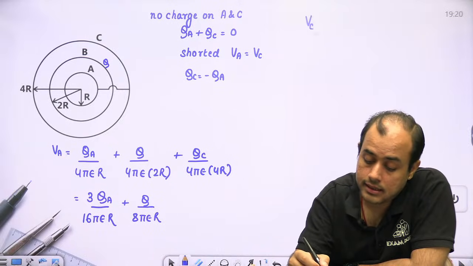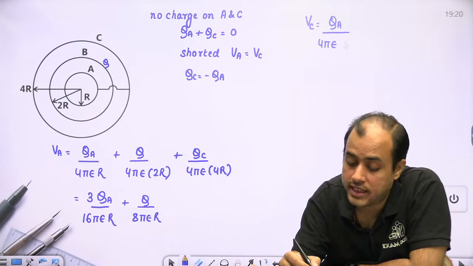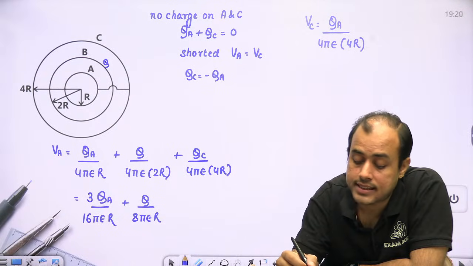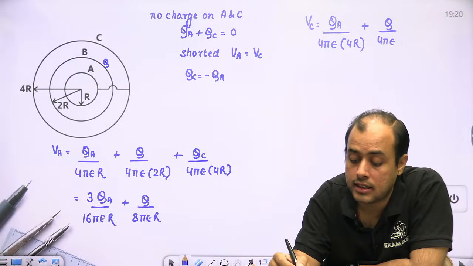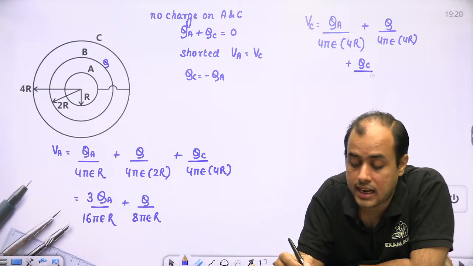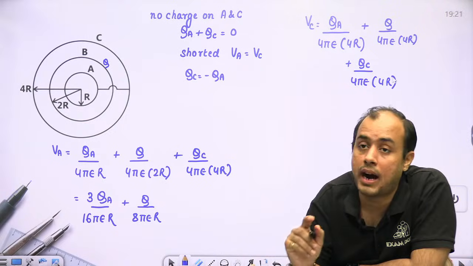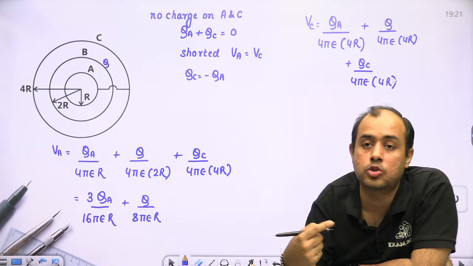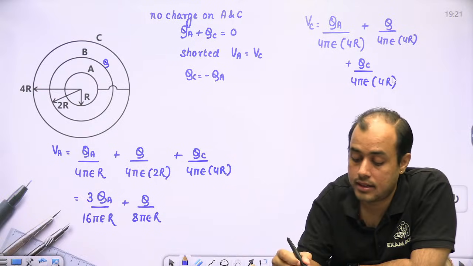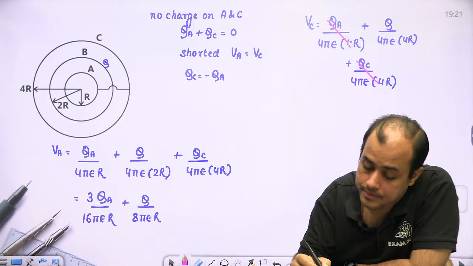For C beta, for C, all the spheres are inside. When you take a potential due to a sphere inside, take the radius at which you are calculating the potential. If you calculate inside, take the outer radius, and if outside, also take the outer radius. Now, because QC is minus QA, this will be cancelled.